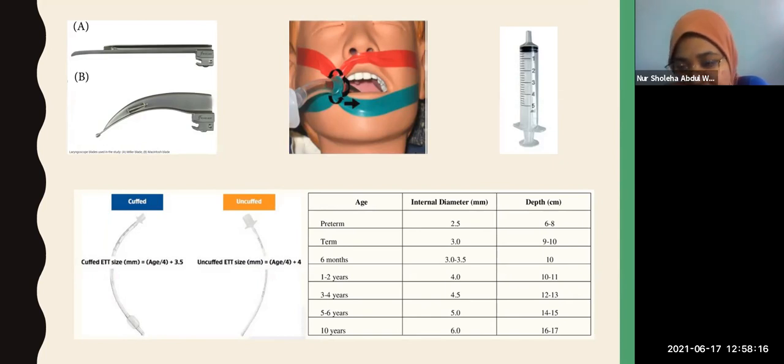The table beside it shows the diameter or size of the ET tube needed according to age. So we need to choose the proper size of ET tube and the proper size of laryngoscope for intubation. Okay, next.